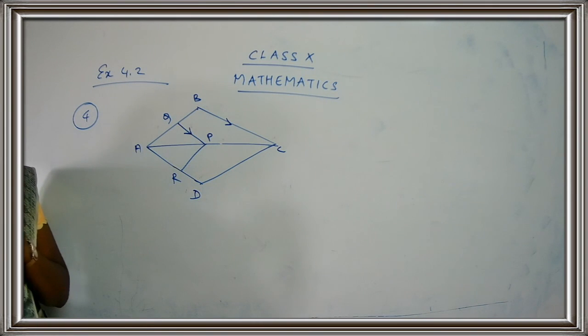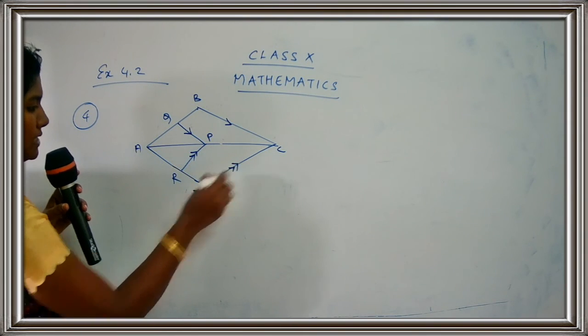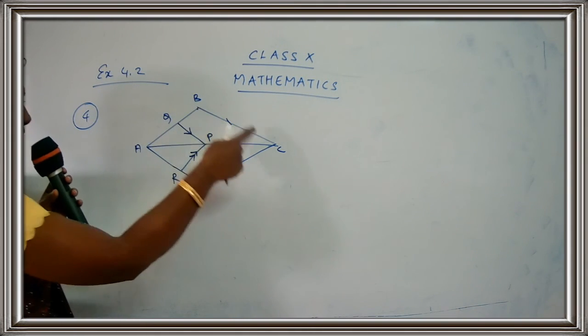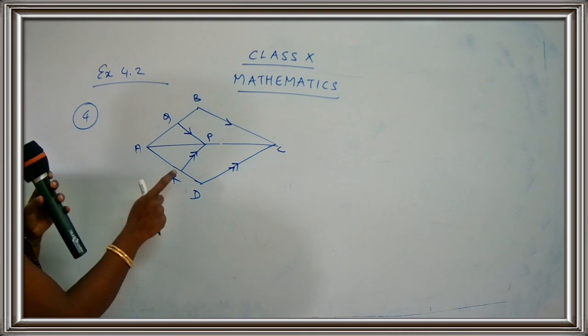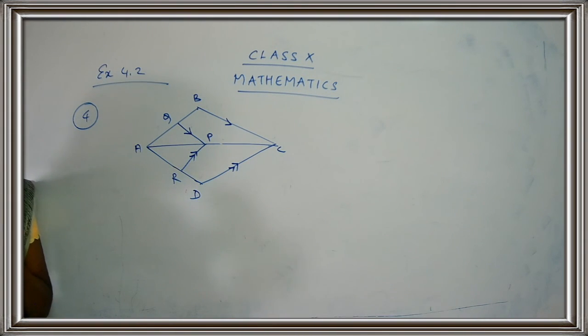Then what else have they given you? PR is parallel to CD. So this is the second parallel. So we have two parallel lines: one is PQ parallel to BC and one is PR parallel to CD. Now we are just going to try to prove the first part.